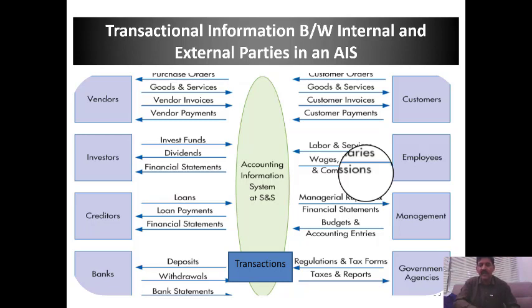I hope you understand. Government agencies also have dealings with the company, like tax dealings. We deal with tax, so tax will be paid to whom? It will be paid to the government, to the tax authorities. And there are some other agencies, regulation agencies. Clear?